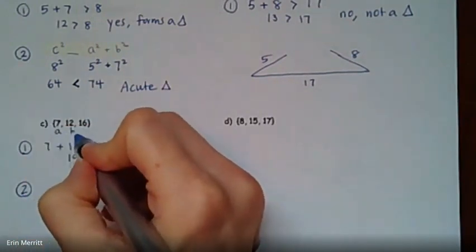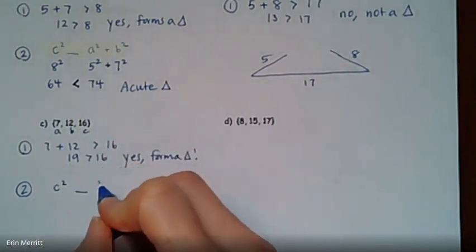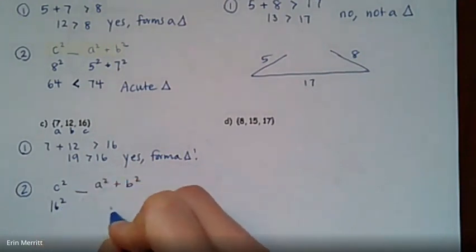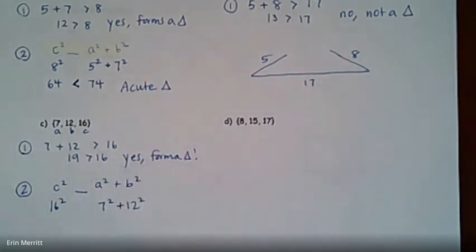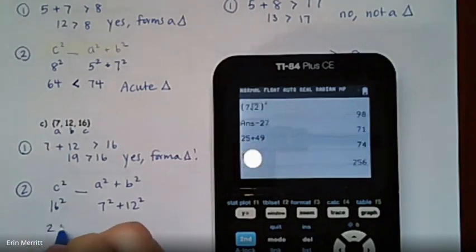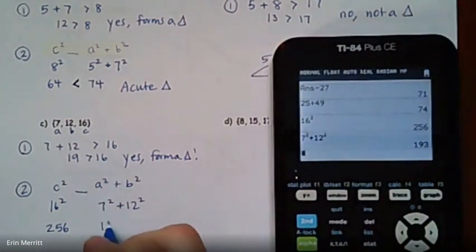So A, B, C. If we do C squared and we compare it to A squared plus B squared, I get 16 squared compared to 7 squared plus 12 squared. All right, grab your calculator. 16 squared is 256. 7 squared plus 12 squared is 193.